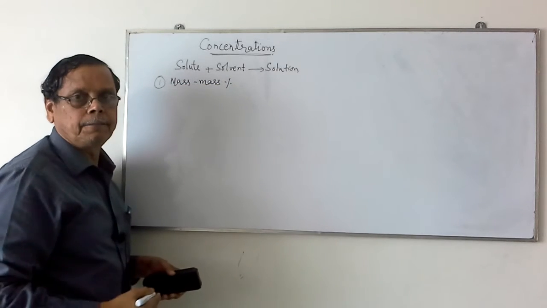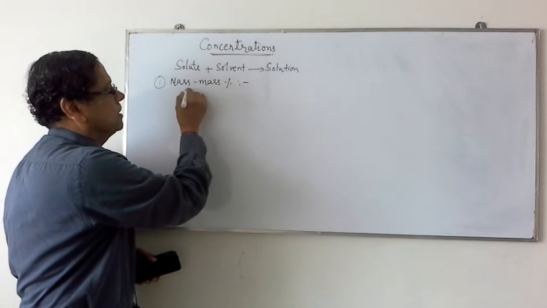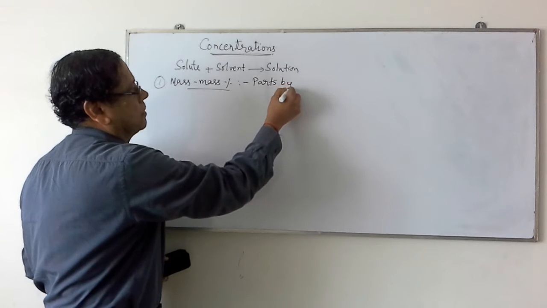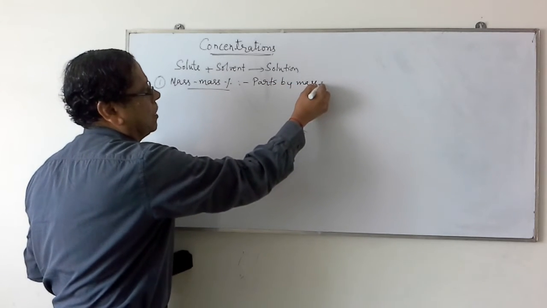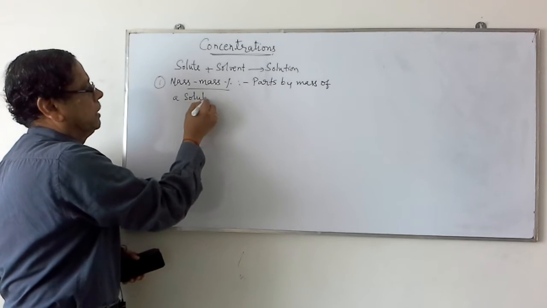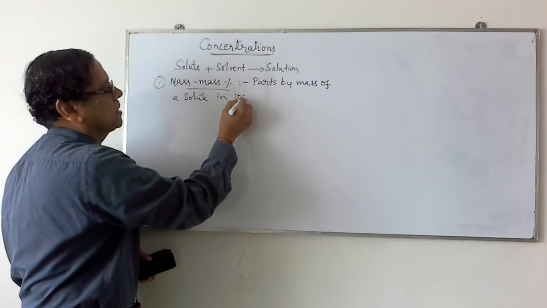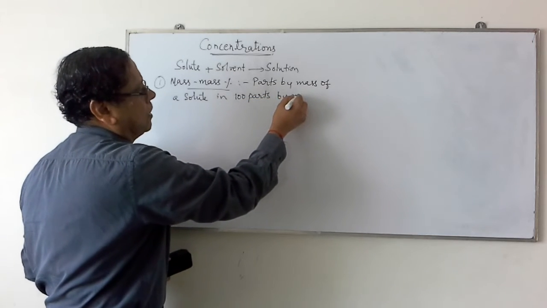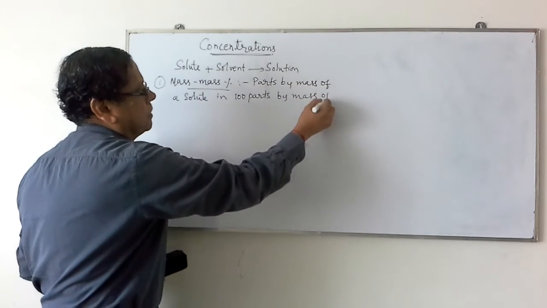Mass percent. It is defined as parts by mass of a solute in 100 parts by mass of solution.